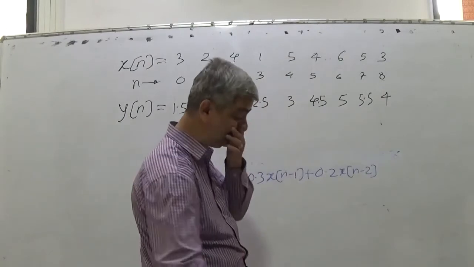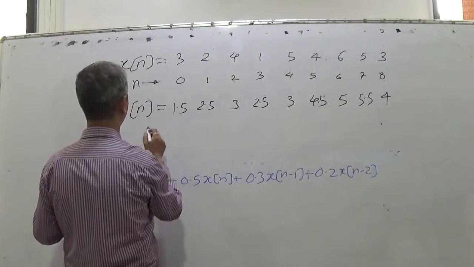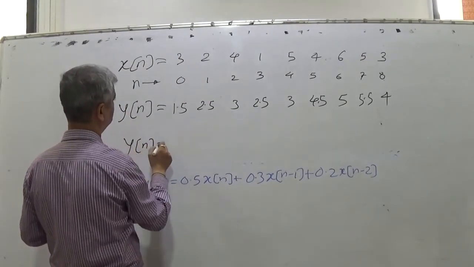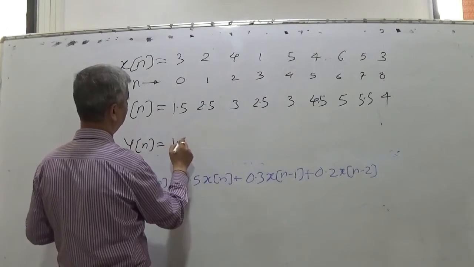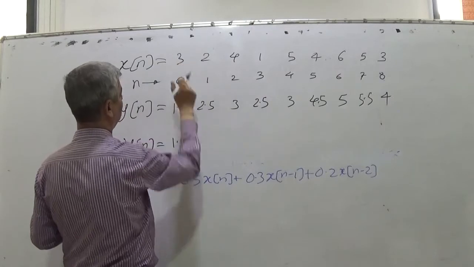So what would this be then? For this, it is 1.5, it is 1 and 0.9.